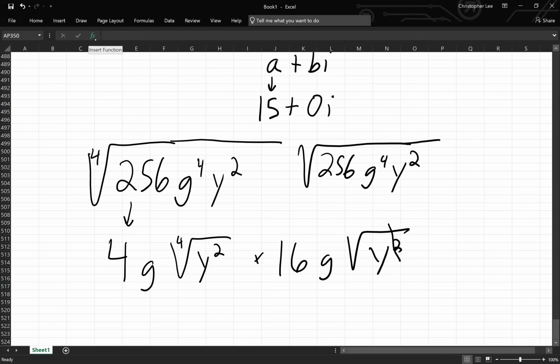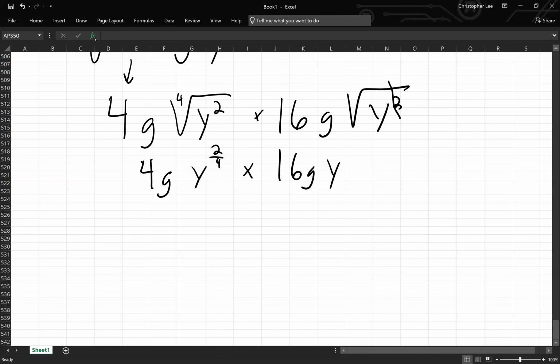These can reduce. So this would become what? 4G y to the 2/4 power times 16G y, like that.